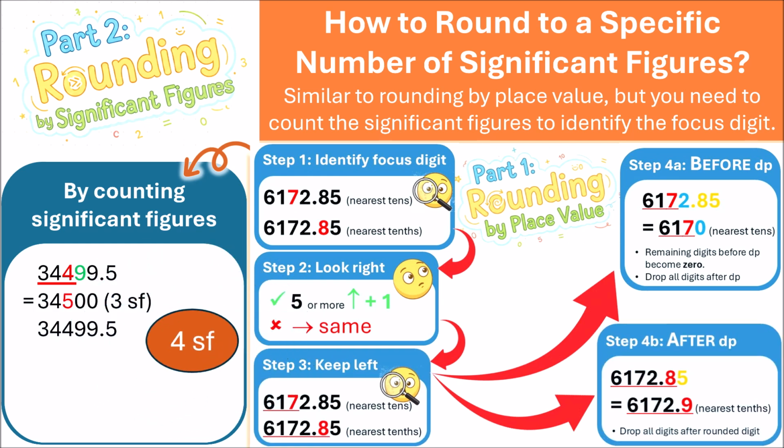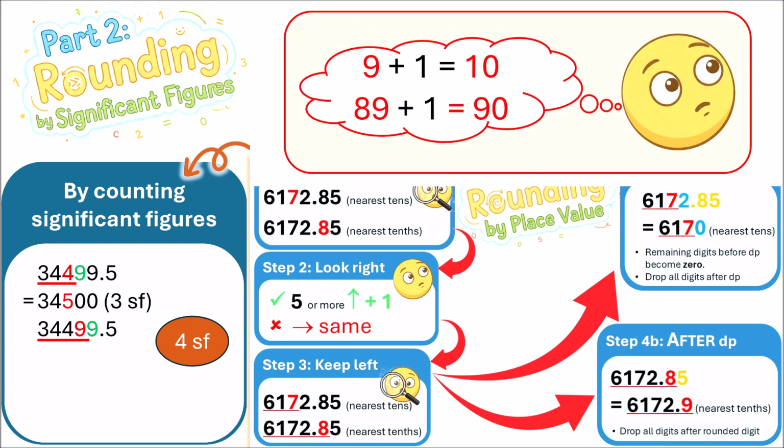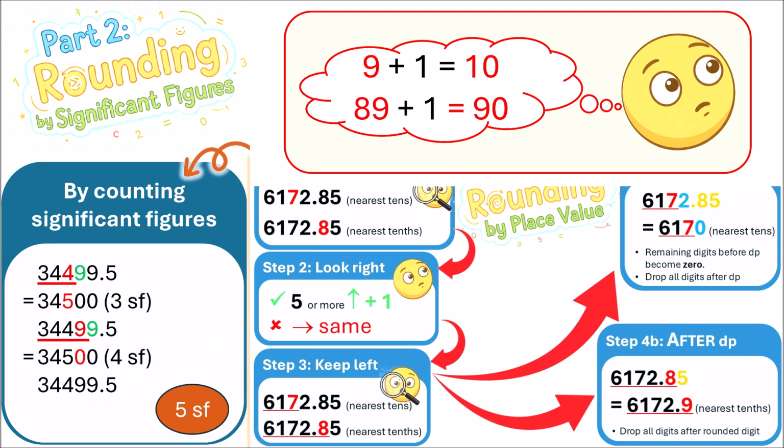To round it to 4 significant figures, the focus digit is 9. Then we look right at the next digit, which is also 9, and that's more than 5. So the focus digit increases by 1, but adding 1 to 9 results in 10. This is similar to the case we dealt with earlier, remember? And based on steps 3 and 4b, we again get 30,500,000. To round it to 5 significant figures, the focus digit is 9.